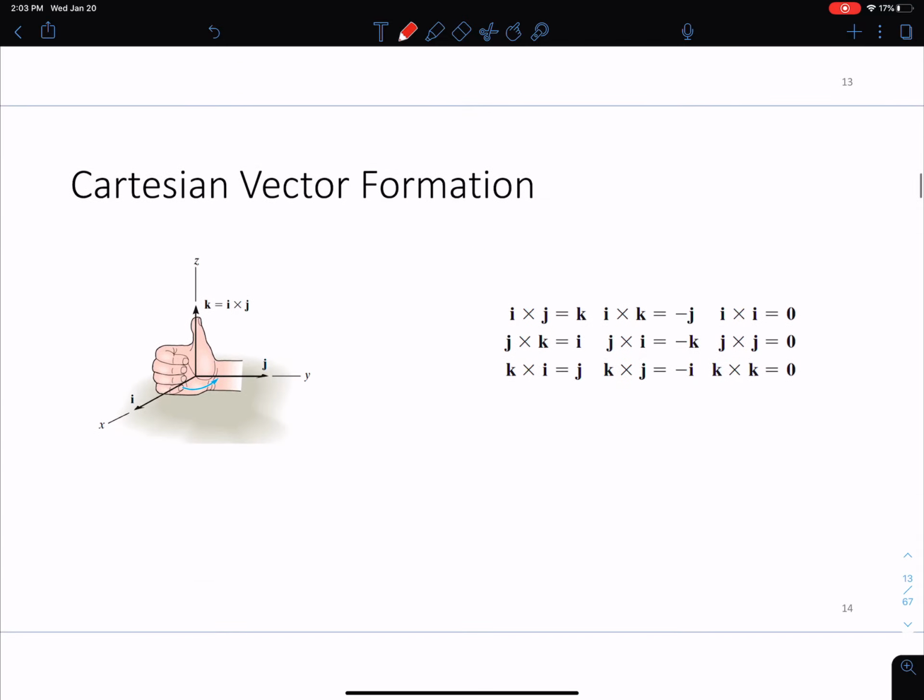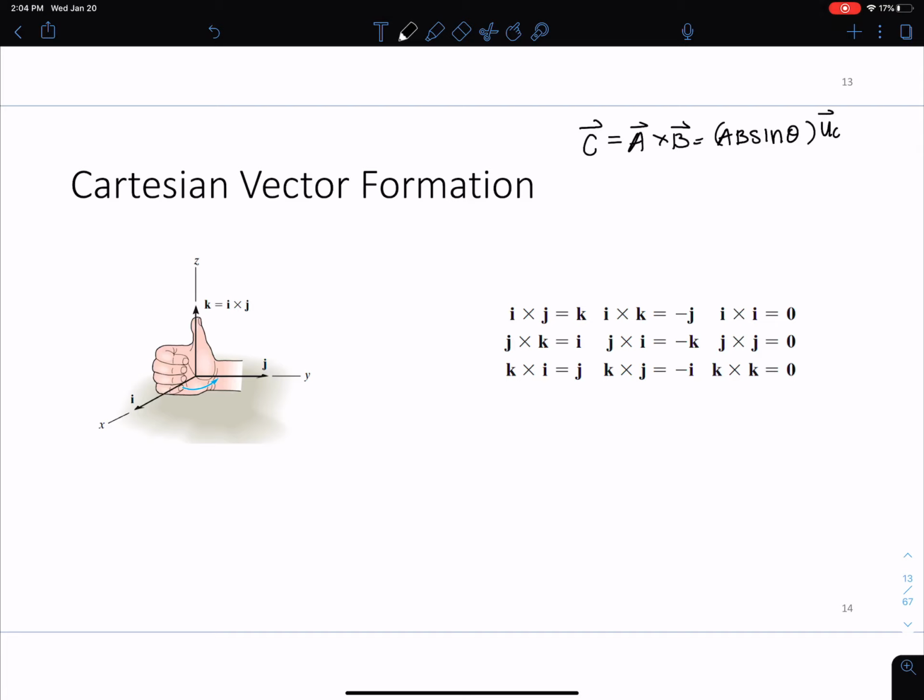Okay. So for our Cartesian vector formulation, let me pull back before we get to this. Remember, C is equal to A cross B, which is equal to AB sine theta times the unit vector in the C direction. So we can use this equation to find the cross product of any pair of Cartesian unit vectors.